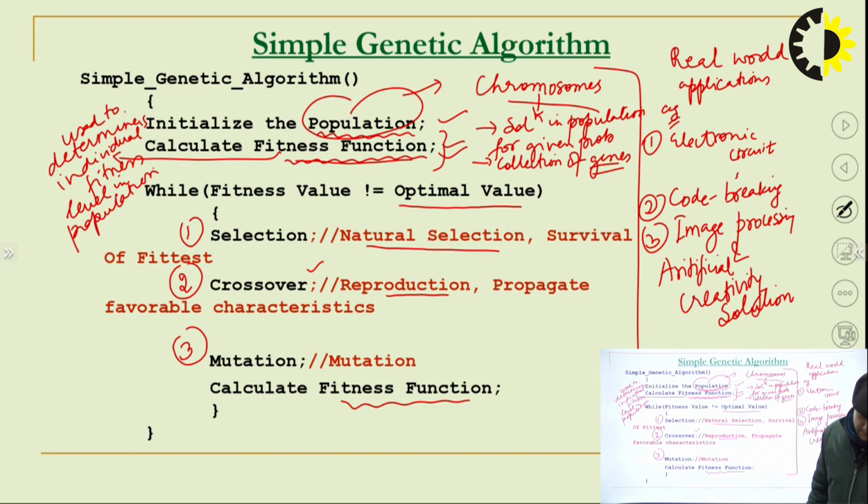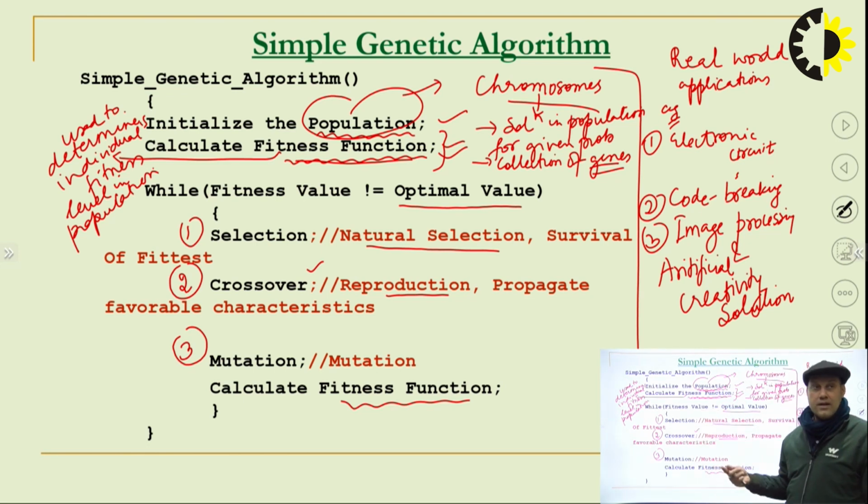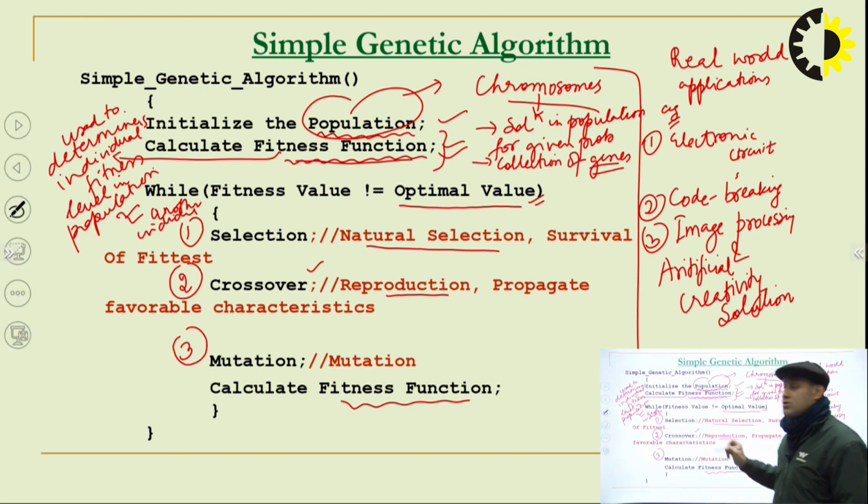So that we can compete with another individual. If we get this value equal to the optimal value, we are going to compete with another individual. So to compete with another individual, we calculate this fitness function. Okay. So these are the basic terms that are used in genetic algorithm.